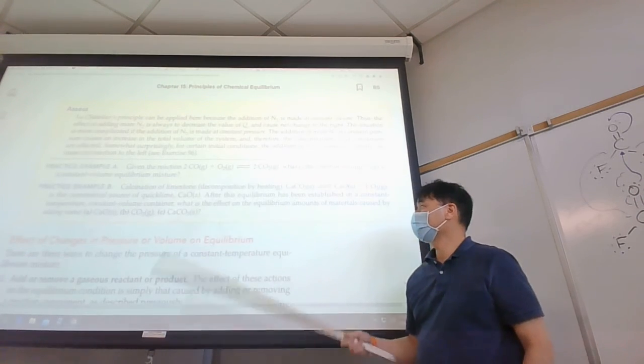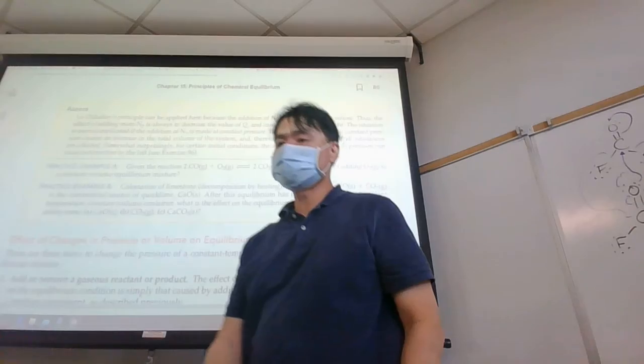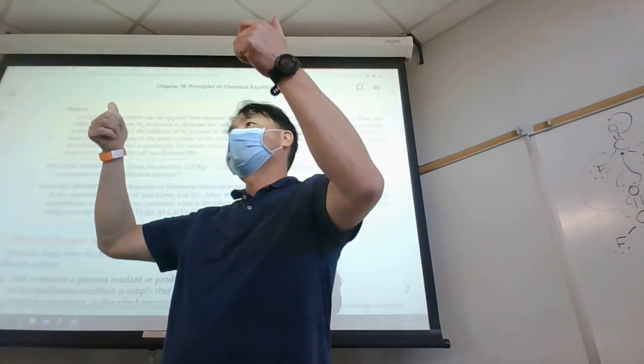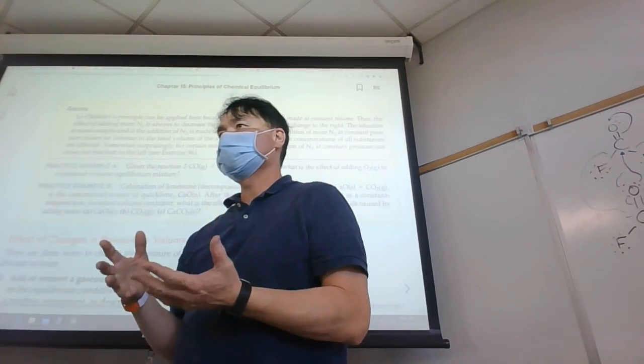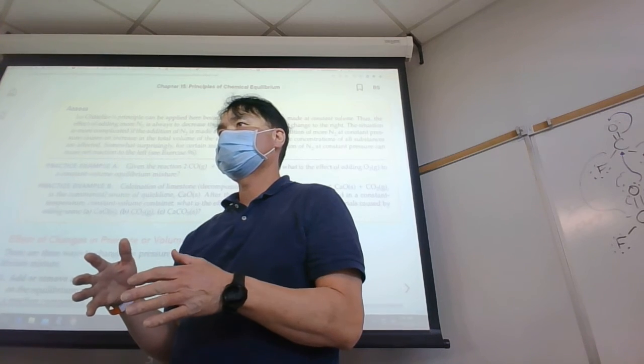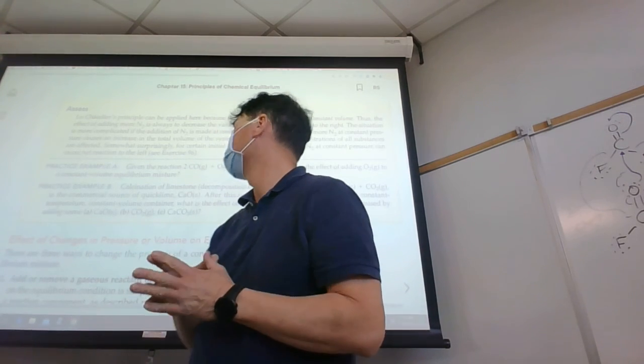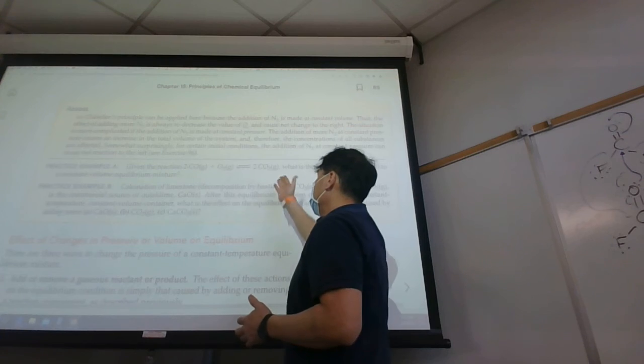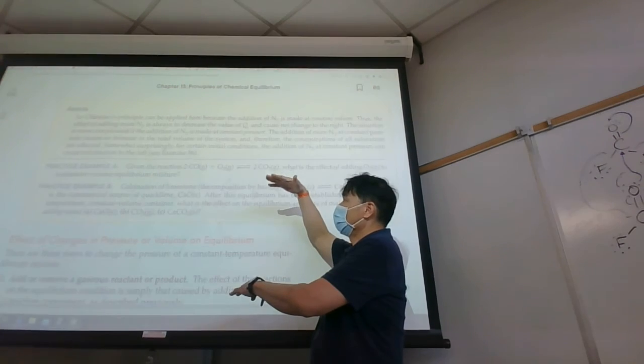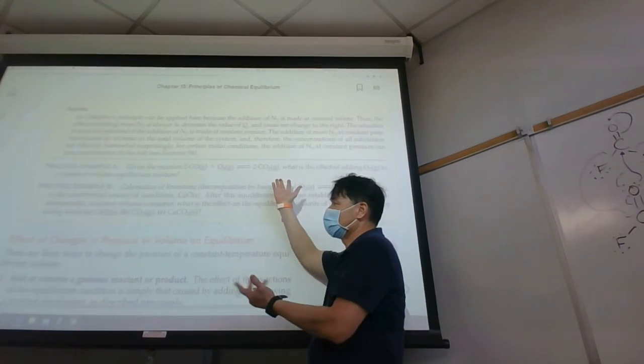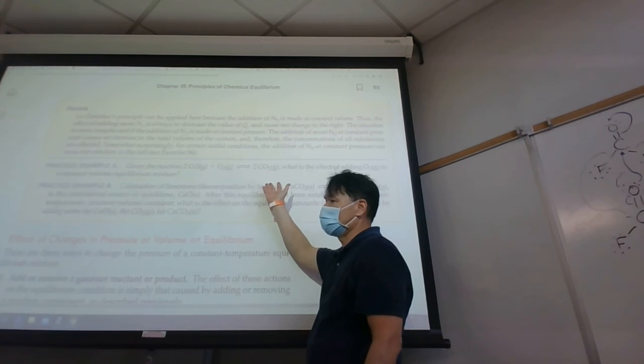No. So if I add an inert gas, the total pressure is going to go up, because the total pressure is the sum of the partial pressures according to Dalton's law of partial pressures. If I add helium to this, the total pressure goes up, but nothing happens. There's no change because helium does not participate in this.